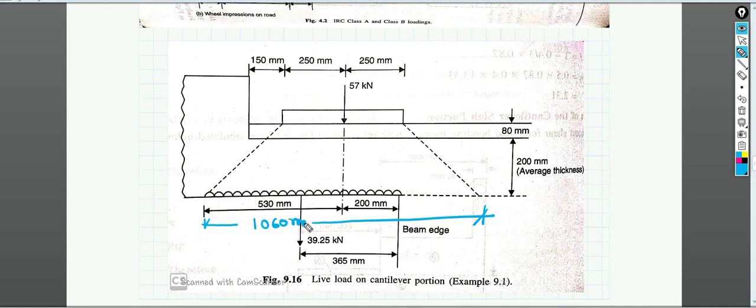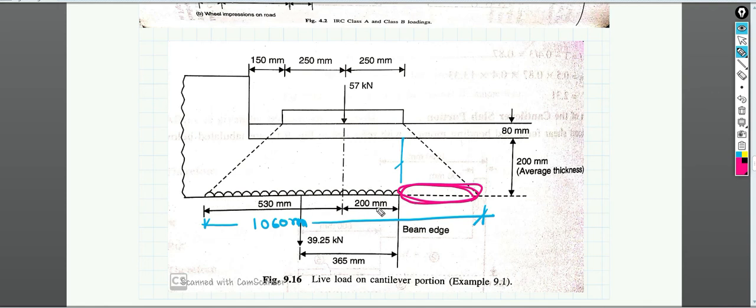Now you can see that the only available length is 600. We have up to this distance, but for the cantilever portion, this portion of loading is important. This portion of loading is not important for us, because that is on the other side of the edge of the beam. So for our case, only this portion is important, right?